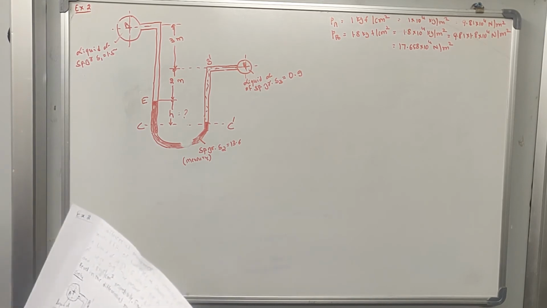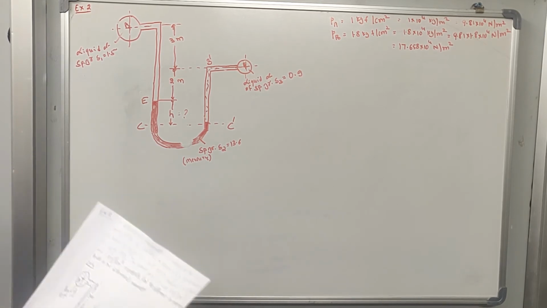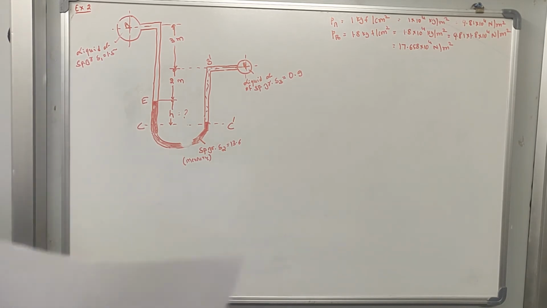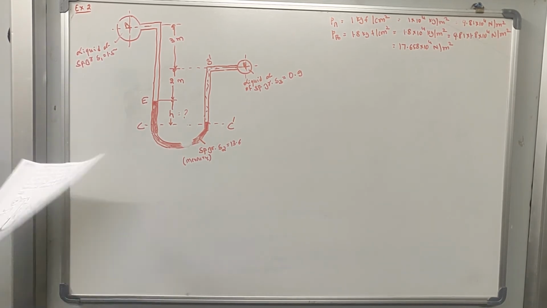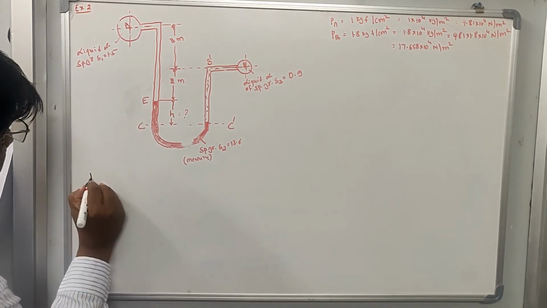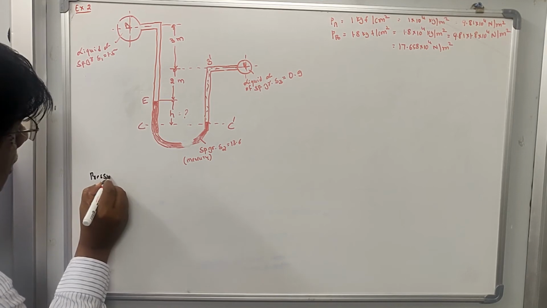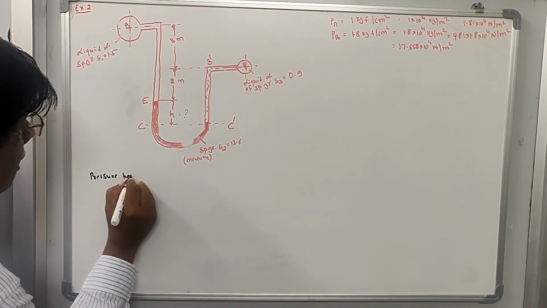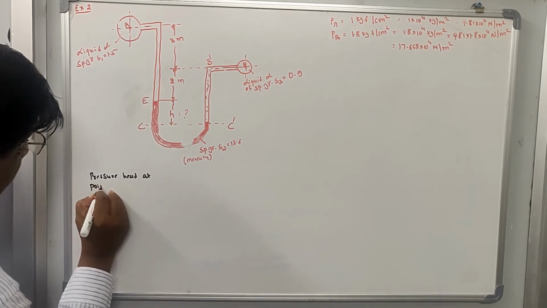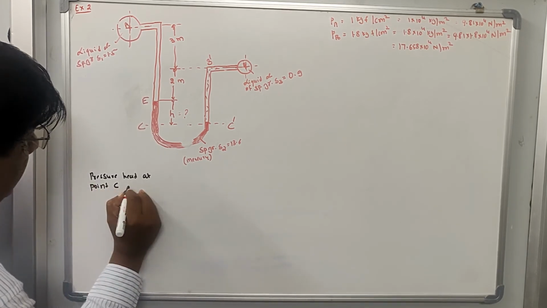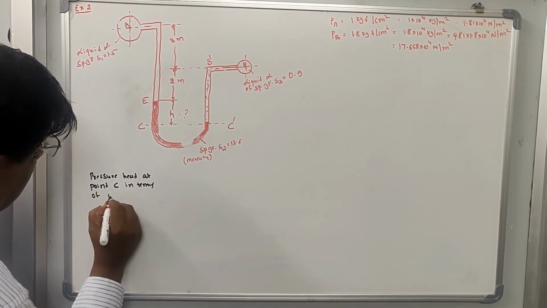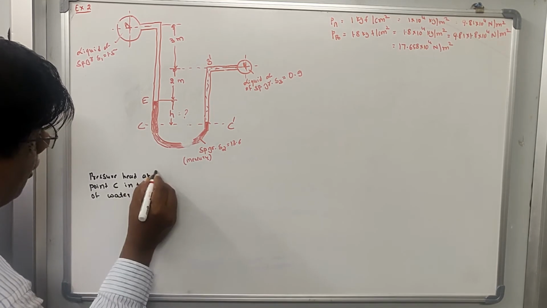So now you calculate the pressure head at point C in terms of water. Okay, this is direct.